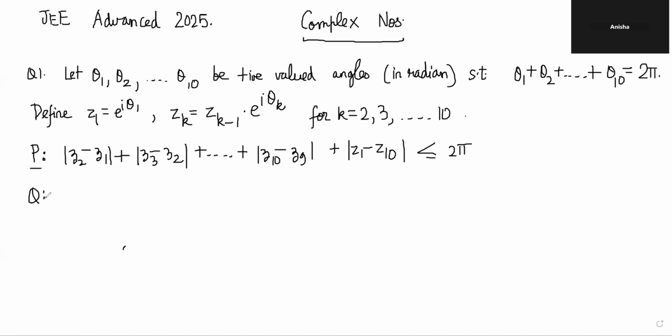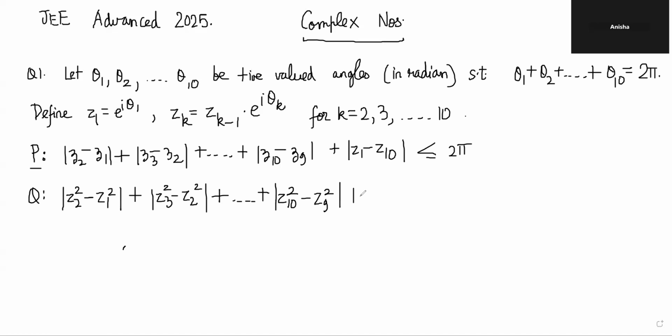and statement Q is saying mod of z2 square minus z1 square plus z3 square minus z2 square so on till z10 square minus z9 square plus z1 square minus z10 square is less than equal to 4 pi.